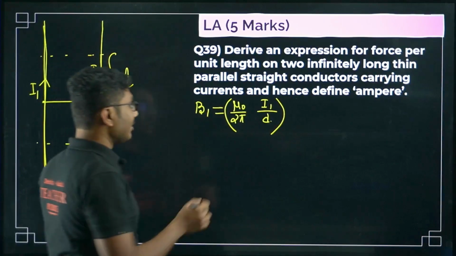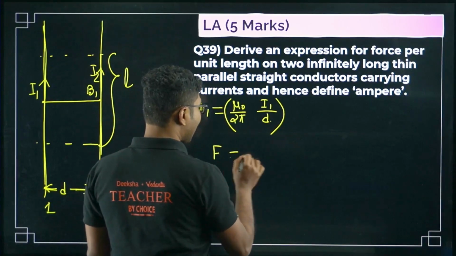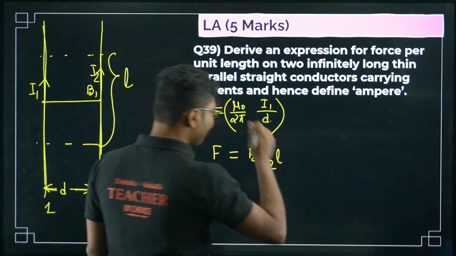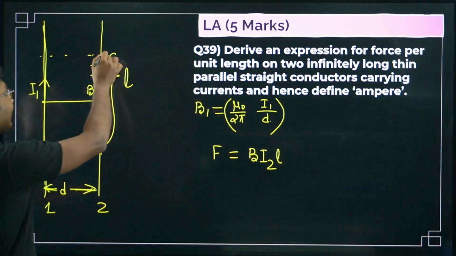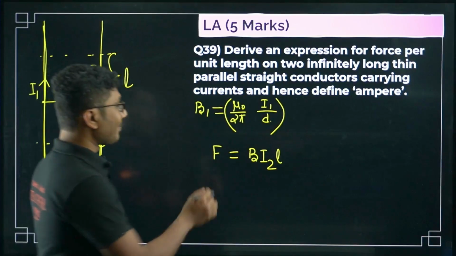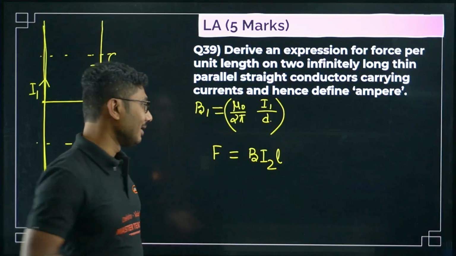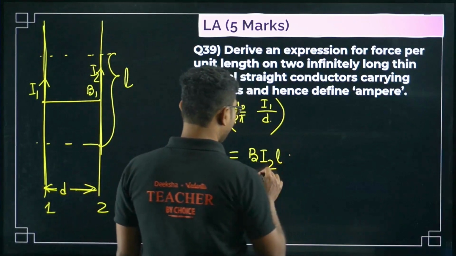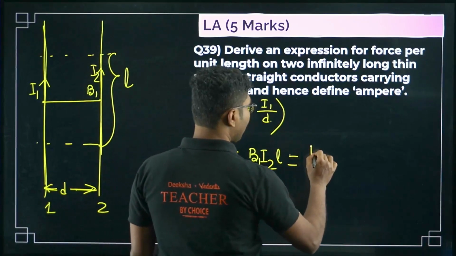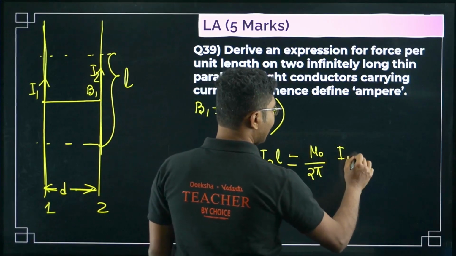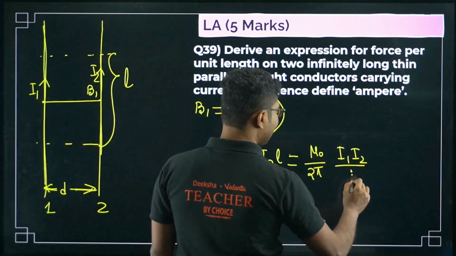The force acting on this wire is basically given by BIL. Now we consider a finite length, so that we can apply this formula. Later on we will divide by L to cancel the L. So we put the value of B here, so that will be mu naught by 2 pi, I1 I2 by d into L.